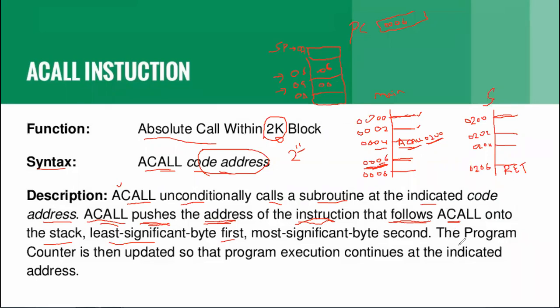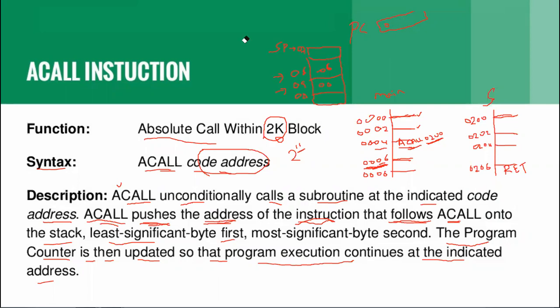Okay. The program counter is then updated so that program execution continues at the indicated address. What is the indicated address? 0200. There the program execution has to begin. So PC will be erased, and it will be stored with the new address.